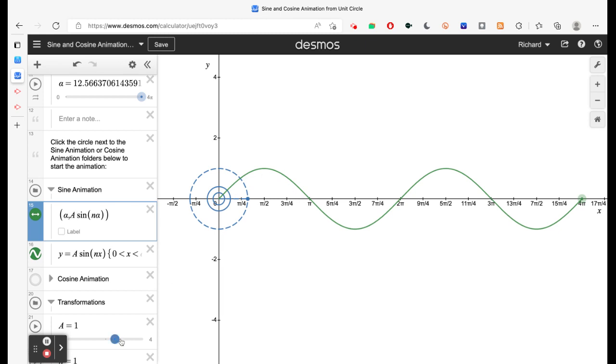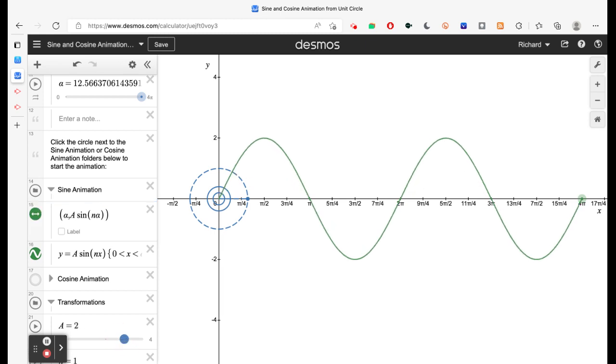What happens if I make a equal to 2? How does that affect the amplitude? There we go. Every single value along here has been stretched, has been doubled. And that means that the maximum, which was at 1, is now at 2. And the minimum, which was at -1, is now -2. So the amplitude is in fact the distance from the x-axis to the minimum or the x-axis to the maximum.